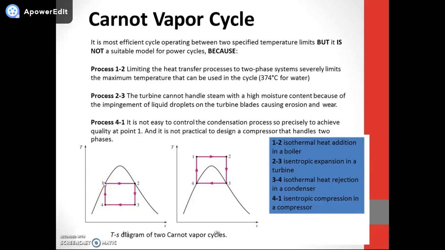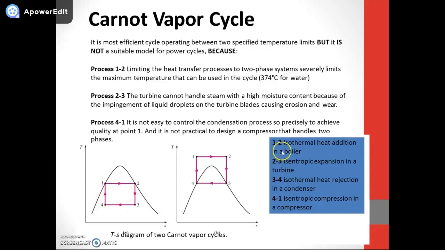And it is not practical to design a compressor that handles two phases. Two phases means a mixture of liquid and vapor, so it is not practical to use a compressor for both phases of water.